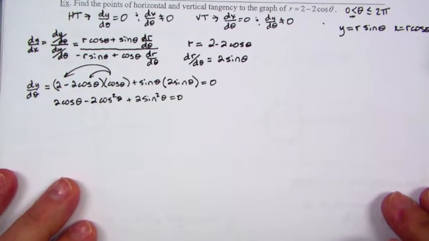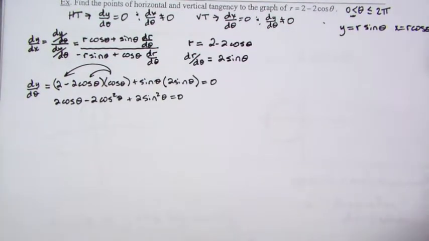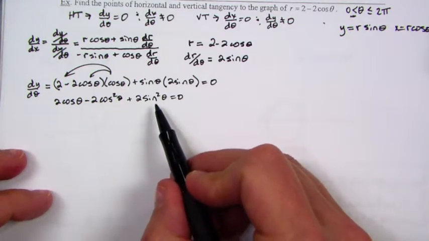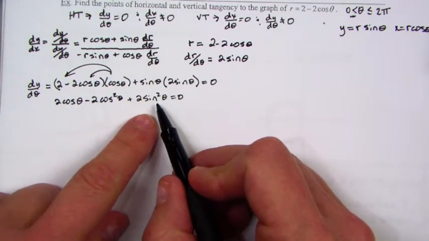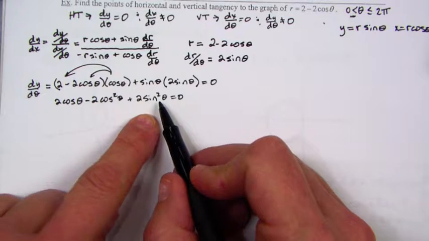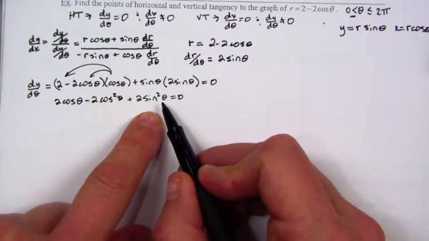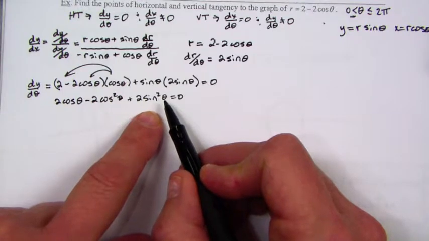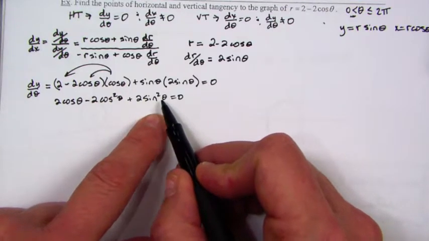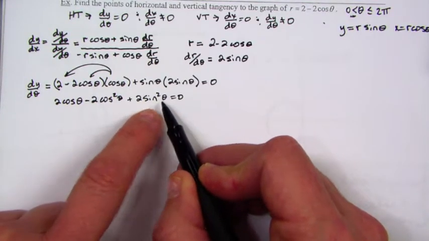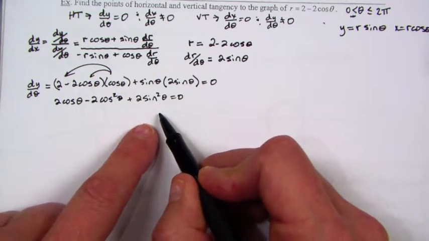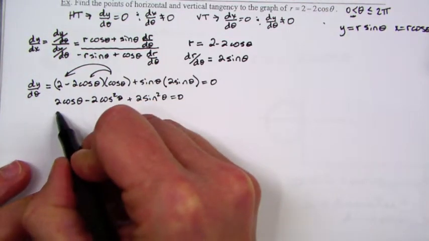I've got an equation here, but I've got sine and cosine in it, and that isn't going to work if I don't have a calculator. So I'm going to have to replace sine squared theta with 1 minus cosine squared theta, which is the Pythagorean identity, right? Cosine squared theta plus sine squared theta is equal to 1. So I can solve it for sine squared theta and replace that, and now my equation will all be in terms of cosine.